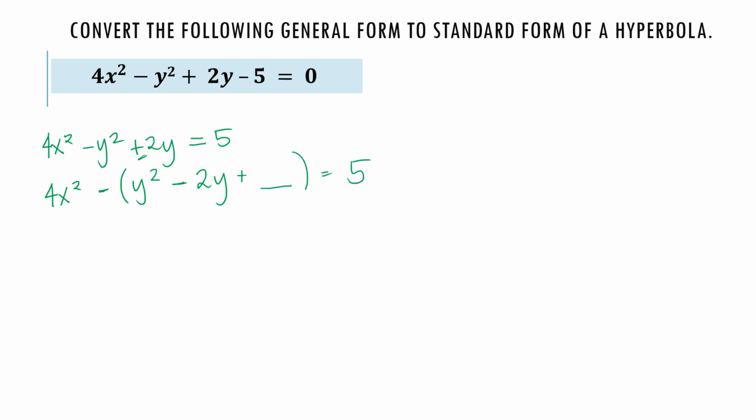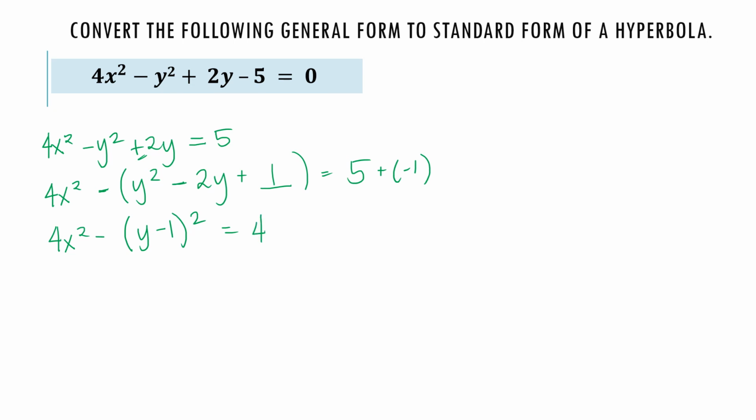Ano po yung nasa blank? Okay, positive 1. Pero dito, plus negative 1. Huwag nyo kalilimutan kasi meron tayong negative 1 na naka-factor out kanina. Simplify. 4x^2 minus, factor natin to. This is (y - 1)^2. And 5 plus negative 1 is 4.